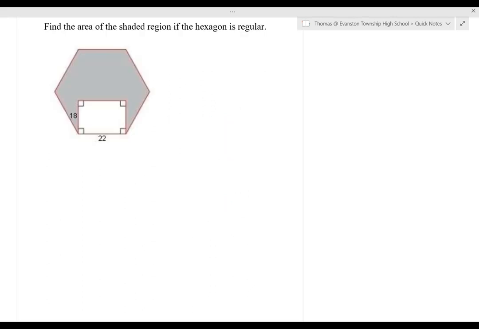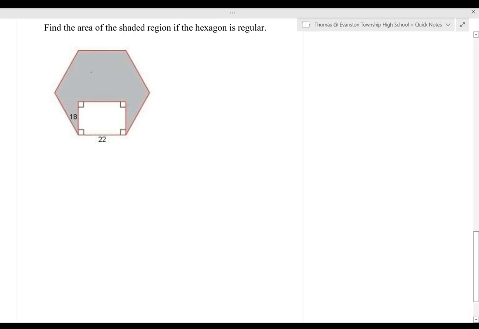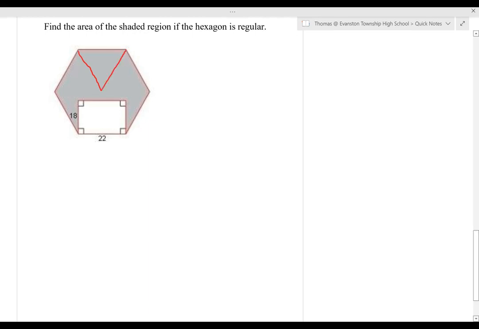Okay, again we have a regular hexagon, but this time we need to find the area of only the shaded region, not the rectangle on the bottom. So we know that our sides are going to be 22 each. So I'm just going to draw one of the equilateral triangles.